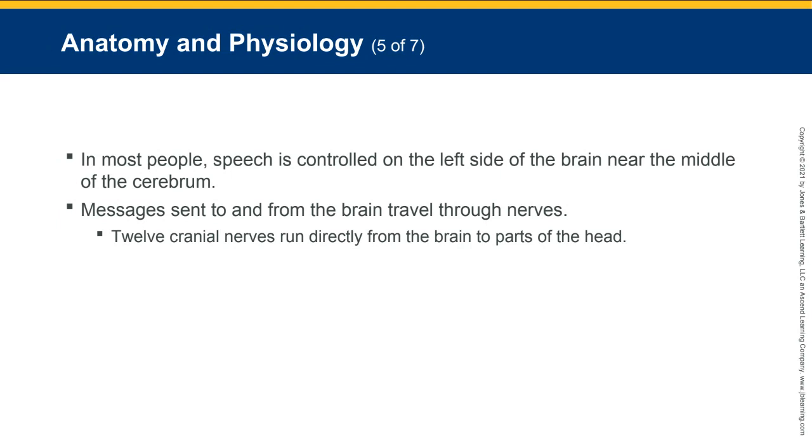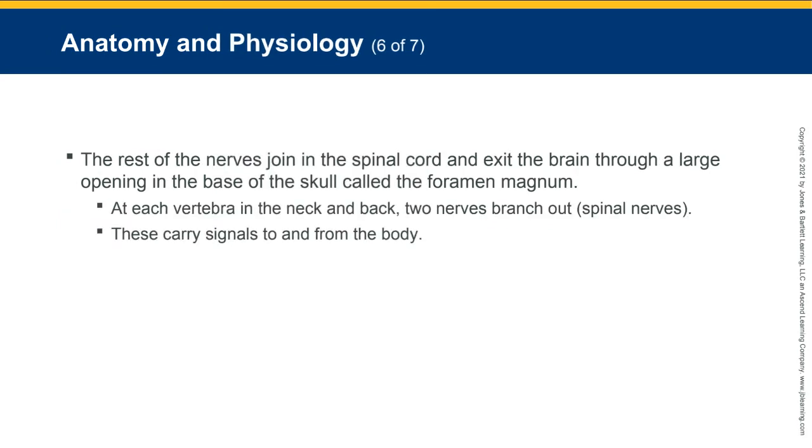Messages sent to and from the brain travel through nerves. 12 cranial nerves run directly from the brain to parts of the head. The rest of the nerves join in the spinal cord and exit the brain through a large opening in the base of the skull called the foramen magnum.